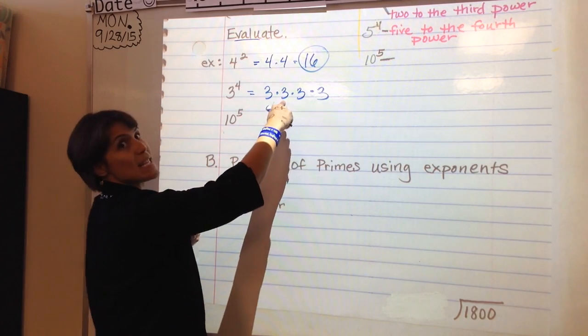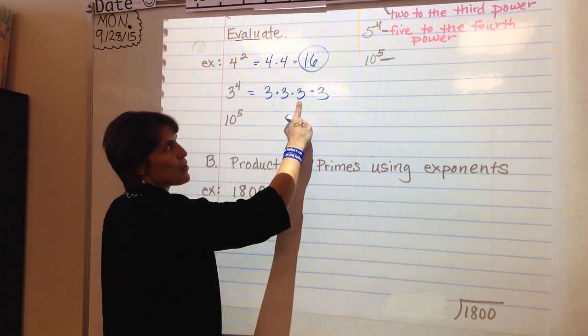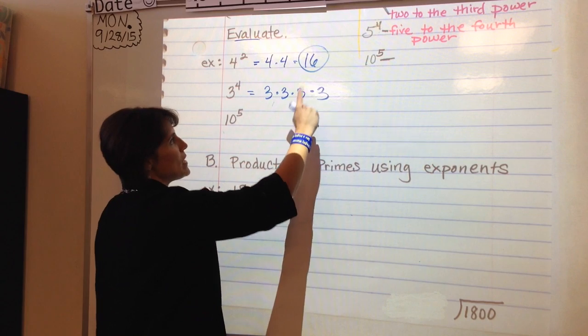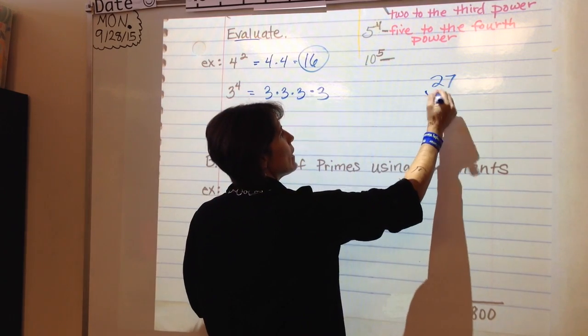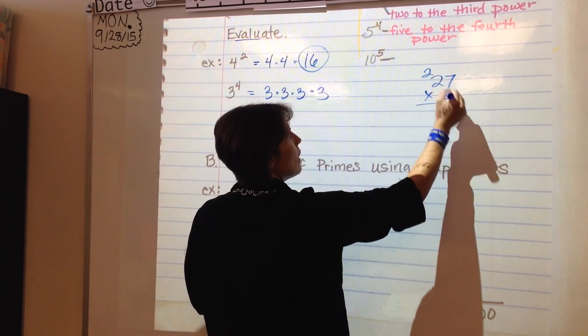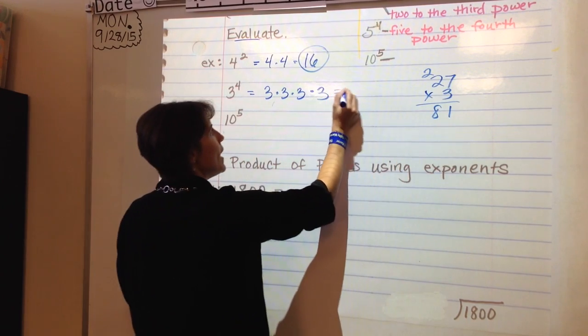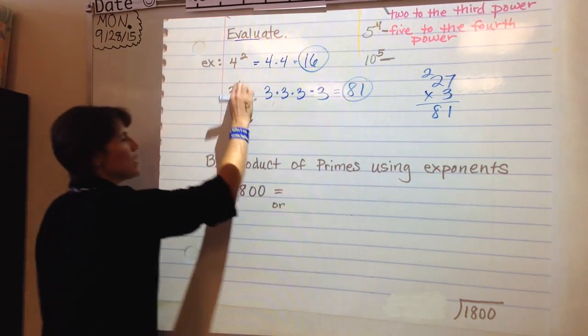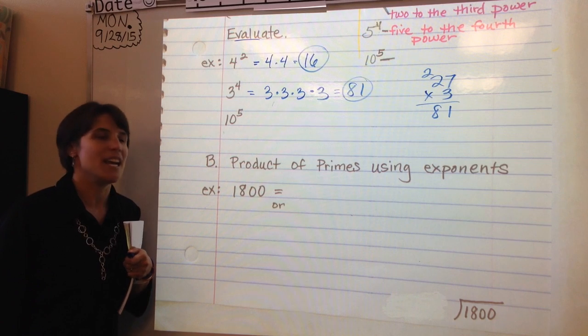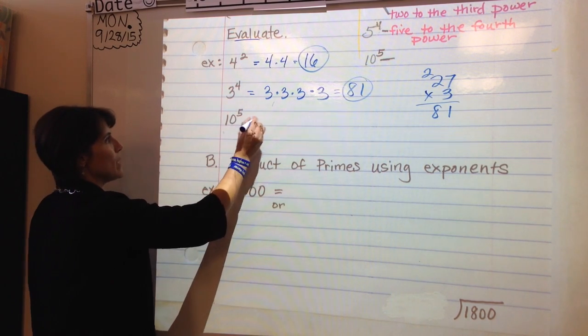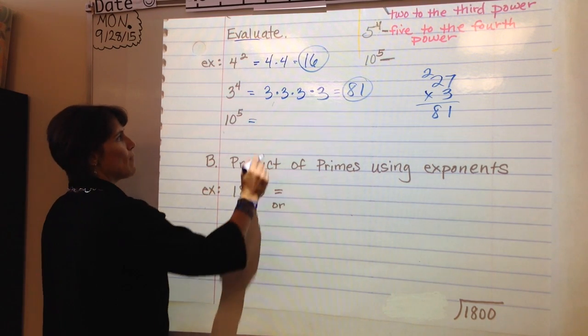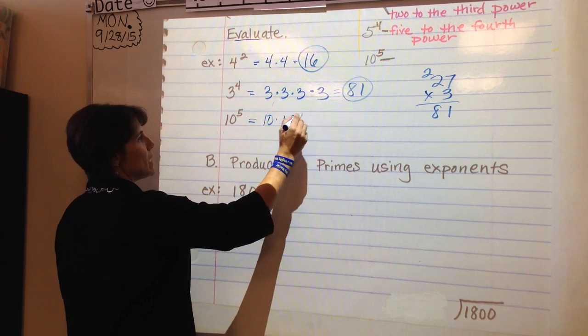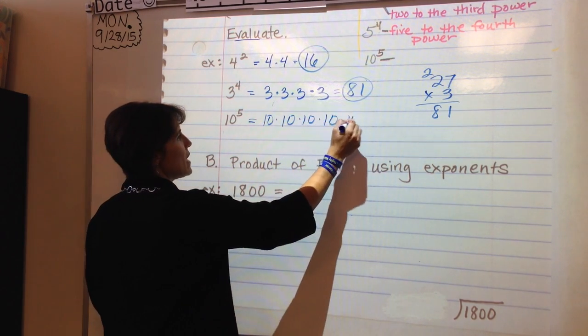3 times 3 is 9. 9 times 3 is 27. And 27 times 3, 81. The value of 3 to the 4th power is 81. Let's evaluate 10 to the 5th power. Do I have to write out 10 times 10 times 10 times 10 times 10?